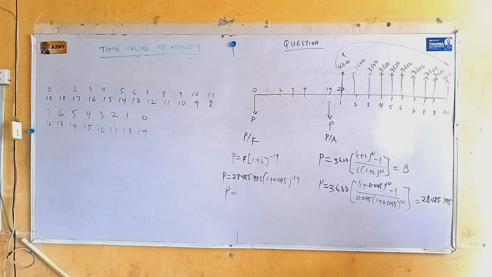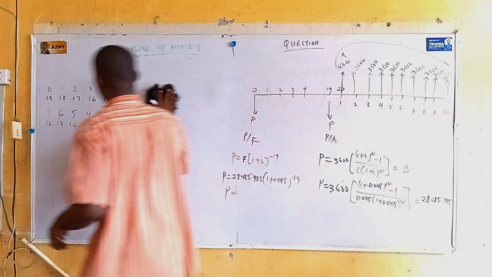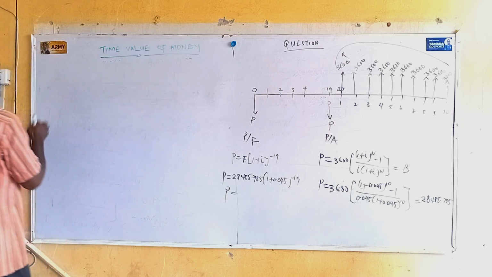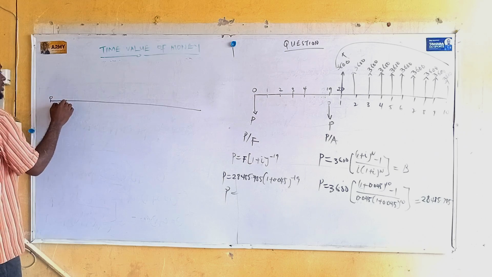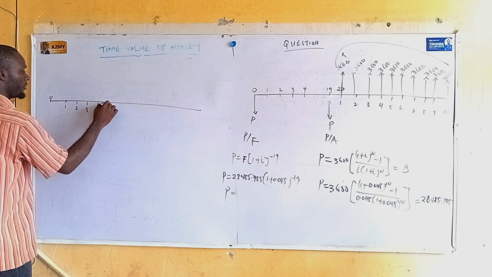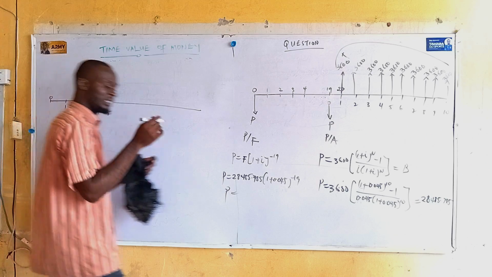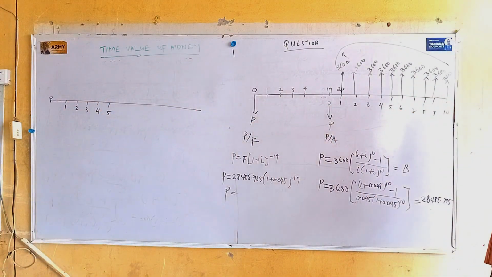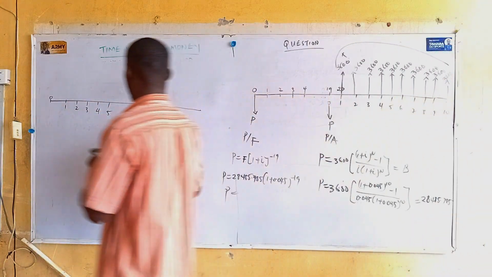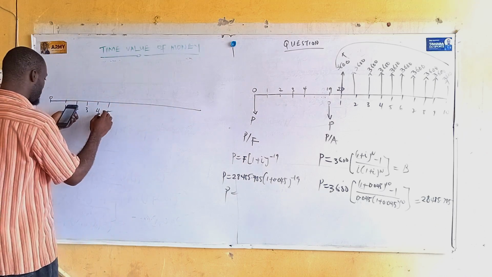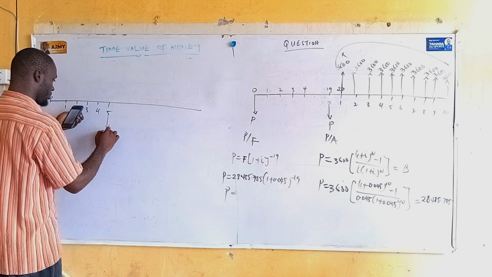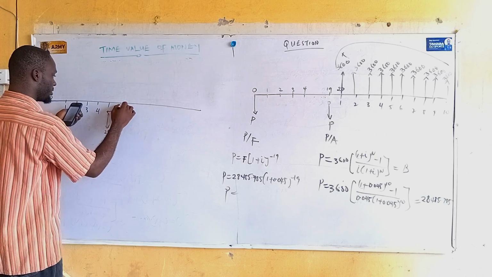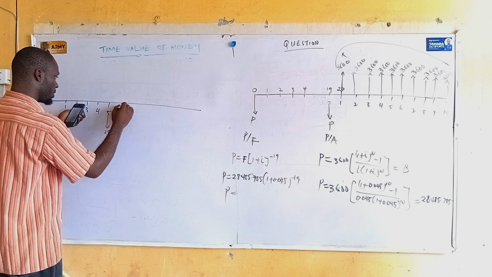Then what is the uniform annual cost throughout that period? Here is 0. 1, 2, 3, 4, 5. How much? $250. Yes. For 12 years. Here now becomes 0.